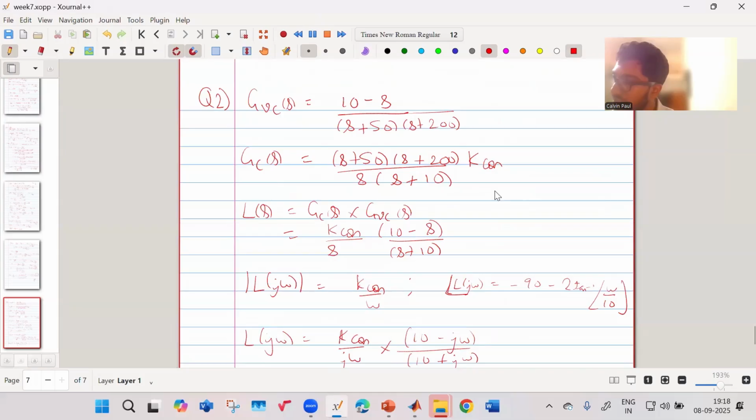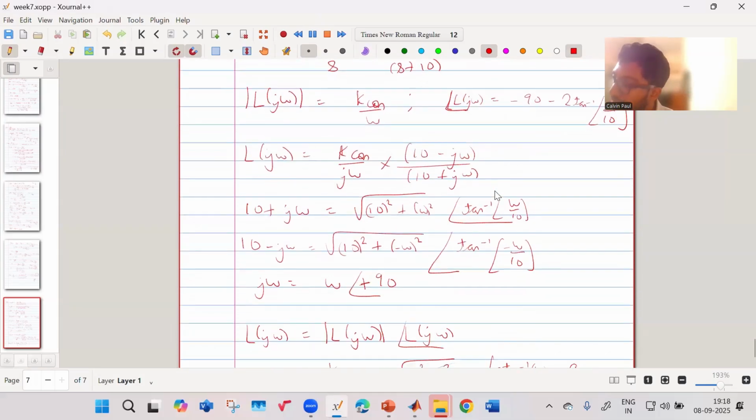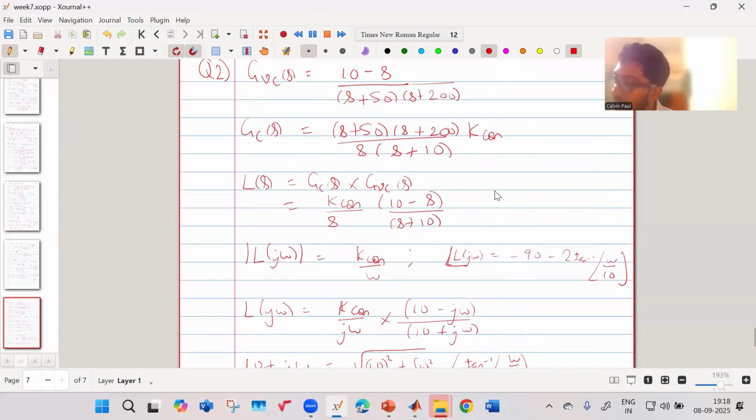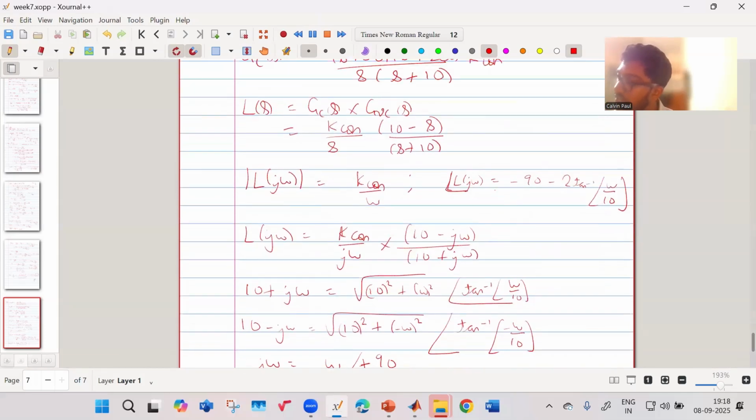These are some steps where you should be very careful not to make any mistakes. Once you solve these kinds of sums multiple times, you don't need to do these steps. I'm doing these steps just for reference, but I knew it is given by this expression because I've done it multiple times. So slowly you can get that speed, but that speed will come by practicing it yourself.